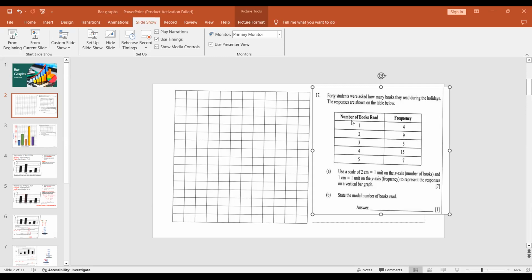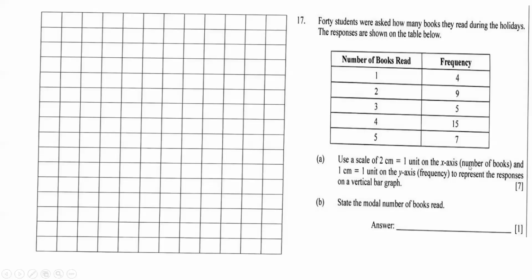Now, what they tell us is that number of books goes on the x-axis. So it's going to be the horizontal axis right here. And then frequency goes on the y-axis. That's the one that goes up and down.